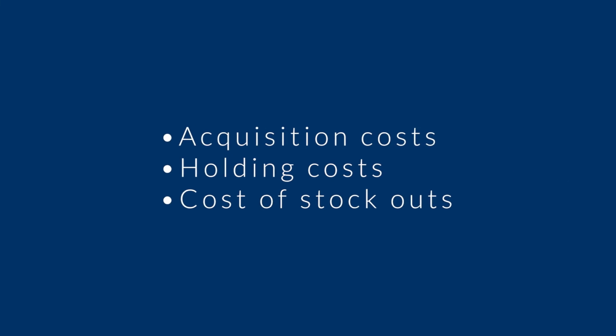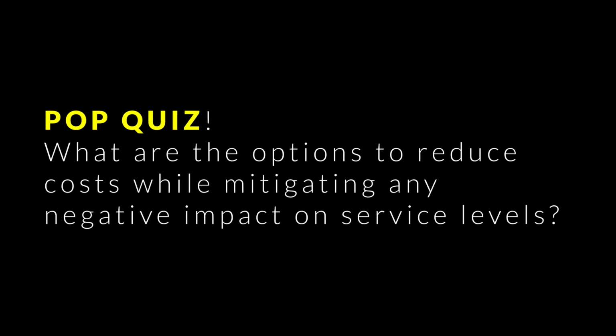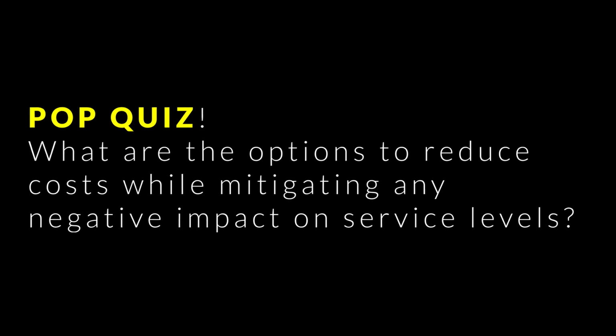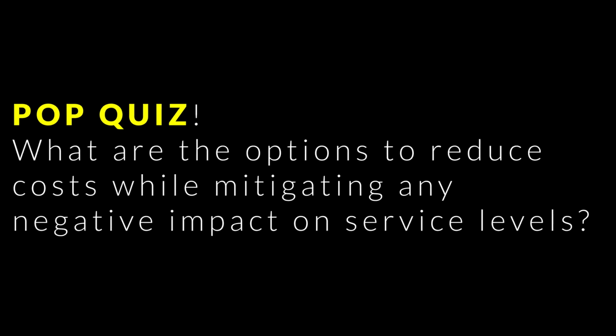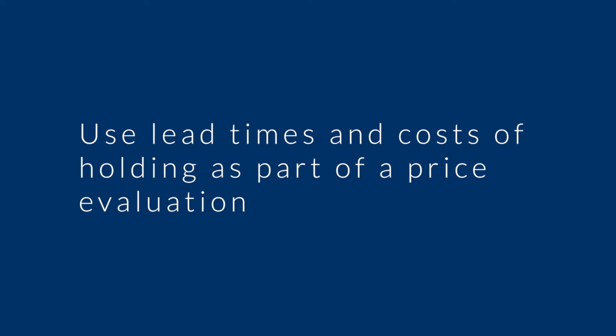So at this point, you need to be aware of acquisition costs, holding costs, and cost of stockouts. The question you need to find an answer to at this point is, what are the options to reduce cost while mitigating any negative impact on service levels? The things that you need to have in mind are: use lead times and cost of holding as part of price evaluation.